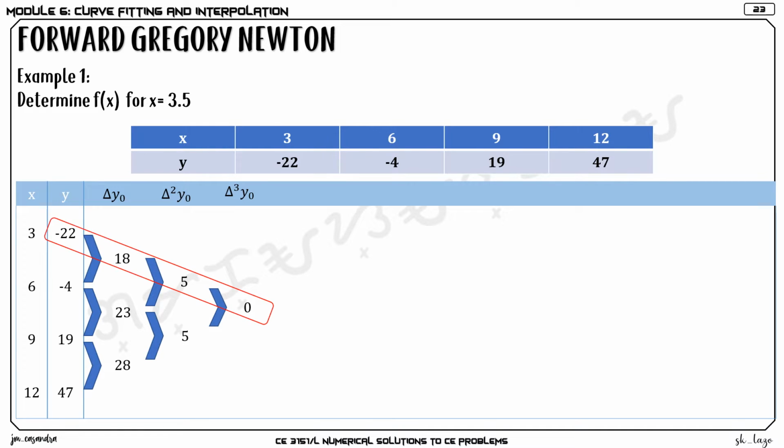So from here, we use now the first values for our forward differences. So the leading differences are negative 22, 18, 5, and 0. So next, we solve for the value of h. And from the table, we could see that all differences of our x is equal to 3. So next, we solve now for the value of r.